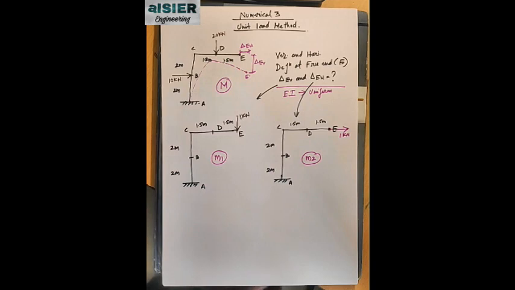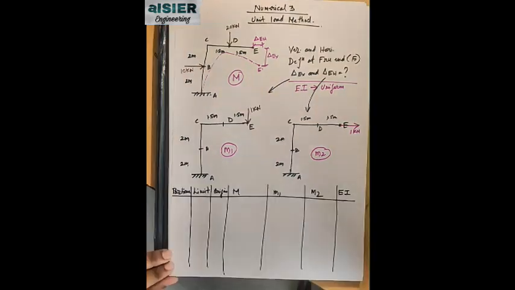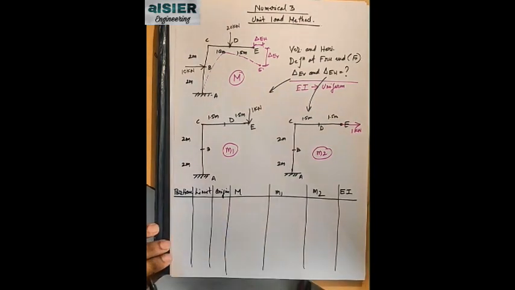Okay. Now what is the next step? Once all these diagrams are over, next step is to draw a table. So I will draw a table. Okay. So now table is ready.